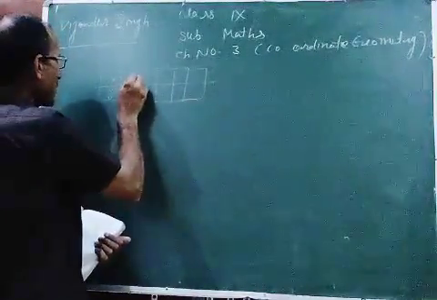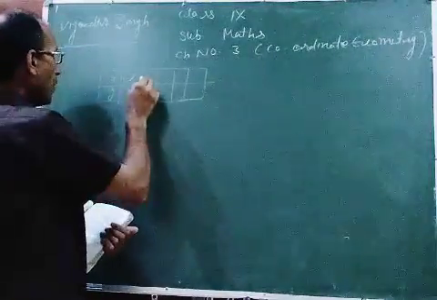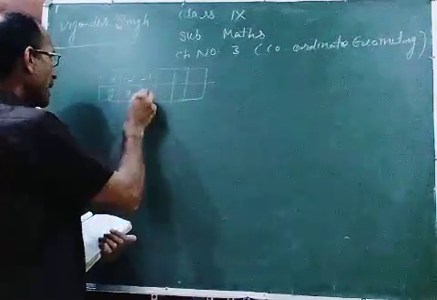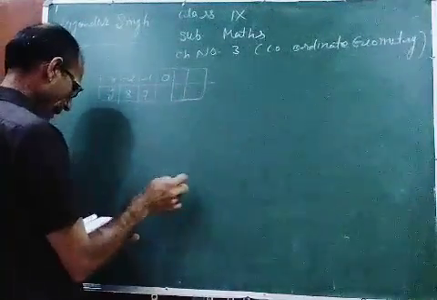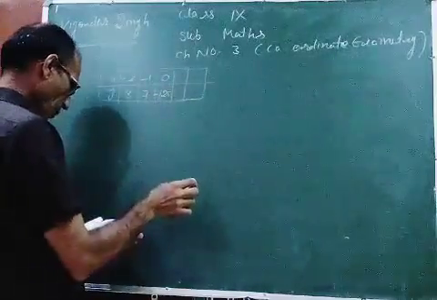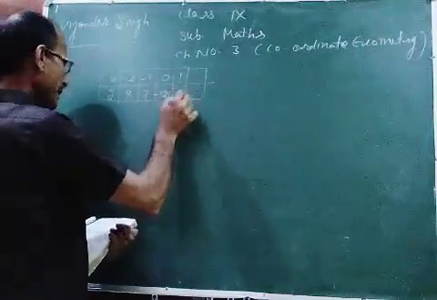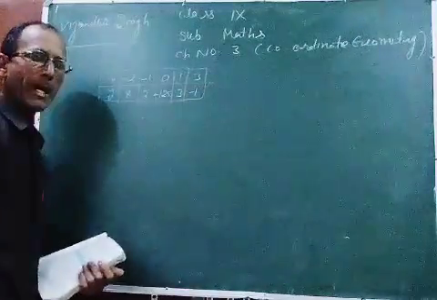Value of x is -2, value of y is 8. Value of x is -1, value of y is 7. Value of x is 0 and value of y is -1.25. Value of x is 1 and value of y is 3. Value of x is 3 and value of y is -1.